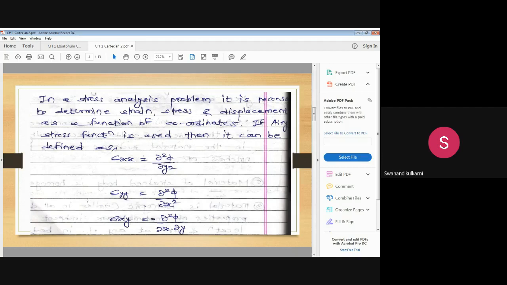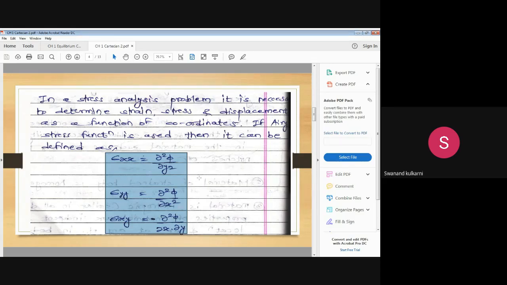Is it okay? So in a stress analysis problem, it is necessary to determine the stress, strain, and displacement as a function of coordinates. If the Airy stress function is assessed, then it can be defined as follows. So this Airy stress function defines the stress components. Sigma xx is equal to dou 2 phi by dou y2. Sigma yy is equal to dou 2 phi by dou x2.